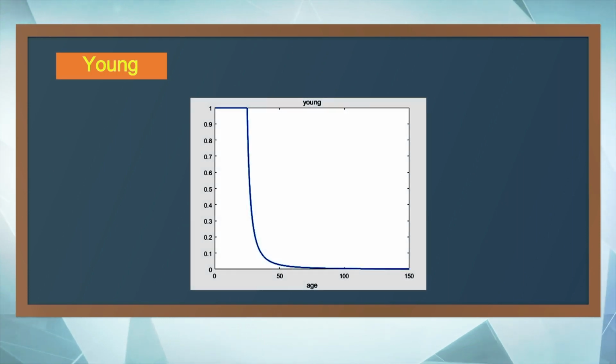The membership function of the fuzzy set Y is illustrated in this figure. If one's age is less than or equal to 25, then his or her degree of membership in the fuzzy set young is 1. He or she is 100% young. If one's age is greater than 25, then the degree of membership decreases rapidly.